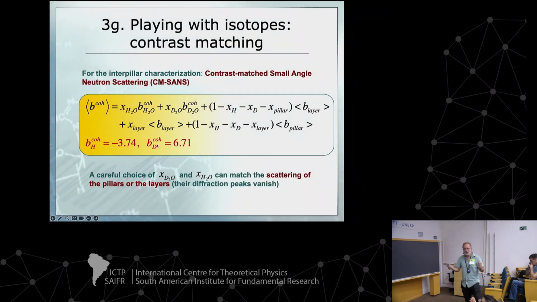If you do that, for neutrons, they would see a continuum, because the mixture of the deuterated water and water has exactly the same average scattering length as the pillar. So if there is a peak in the empty material due to the distribution of pillars, this peak should disappear when you put this mixture of water and heavy water.